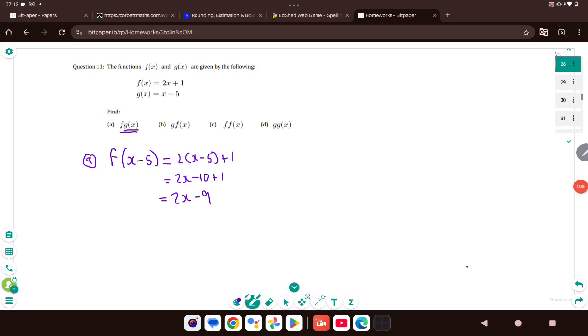I'll just talk you through B, C and D, and then I've got some for you to have a go at yourself. g of f of x, so we start with our f of x and we put it into the g function, which means we're working out the g of 2x plus 1, because that is our f of x. And in the g function we're replacing x with 2x plus 1, which simplifies to 2x minus 4.